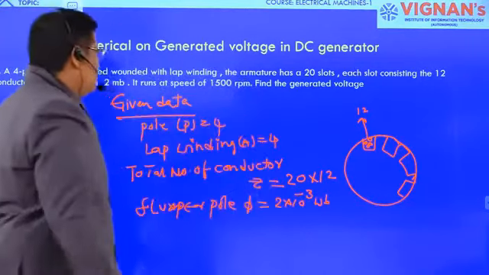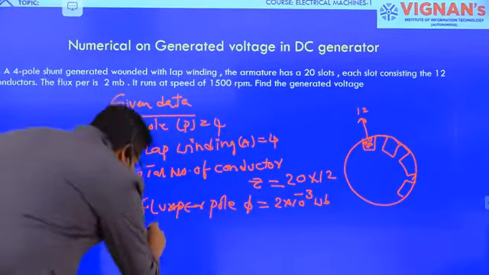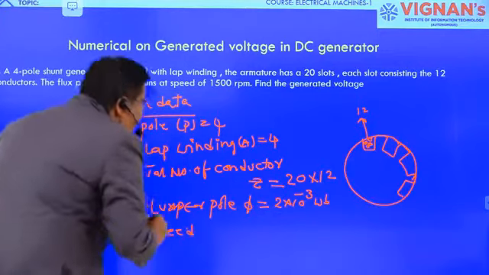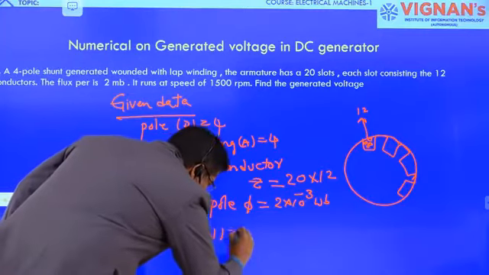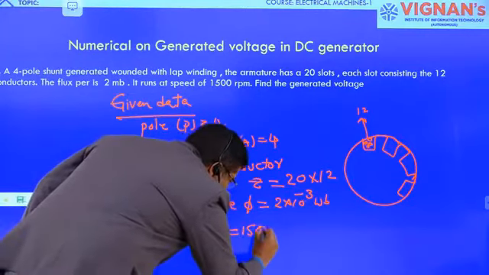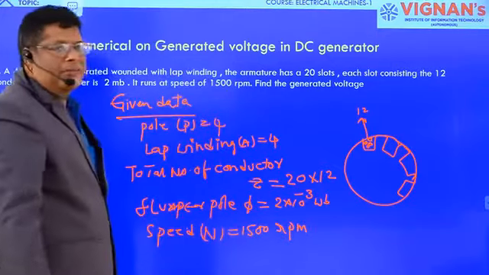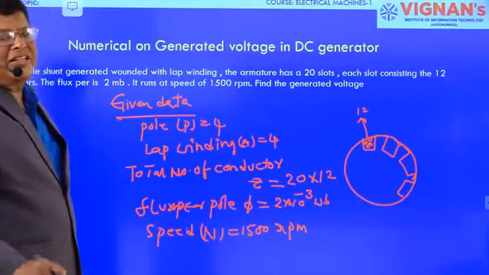Next, speed of the generator is given. The speed N equal to 1500 rpm.